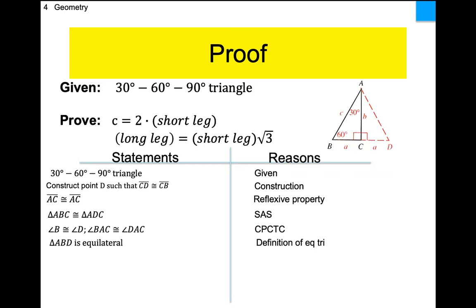We need to get that C is equal to 2 times A. If it's an equilateral triangle and C is the midpoint of BD, then BC times 2 equals C.